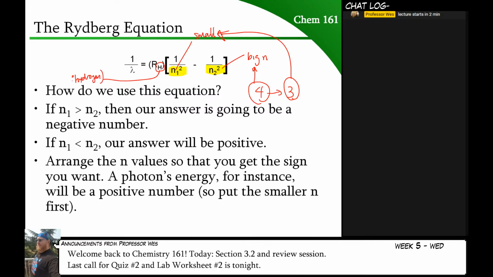Every element has its own Rydberg constant. We're only going to work with hydrogen because it's really the only one that this equation works perfectly for. There is an issue when you have multiple electrons in which you have electron-electron repulsion and attraction to the nucleus, and there's too many forces at once for a simple equation to model.